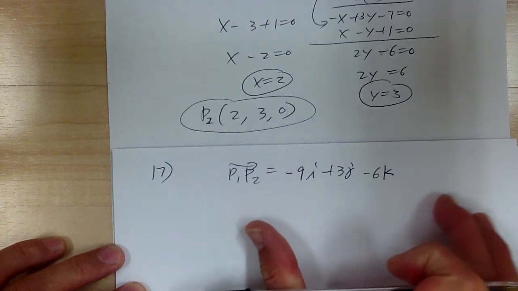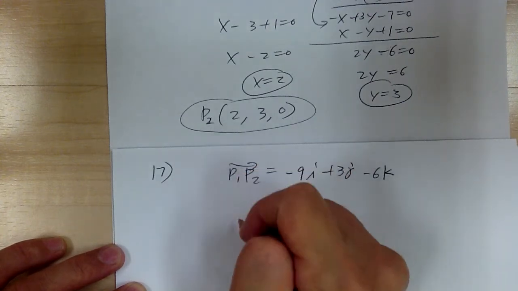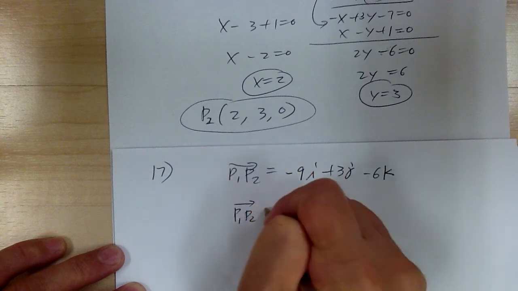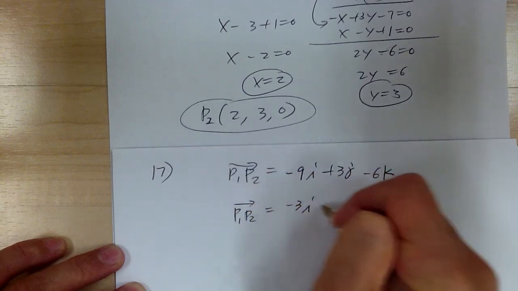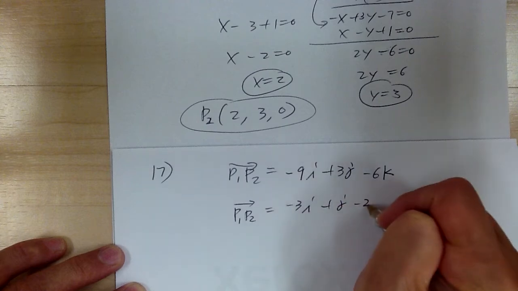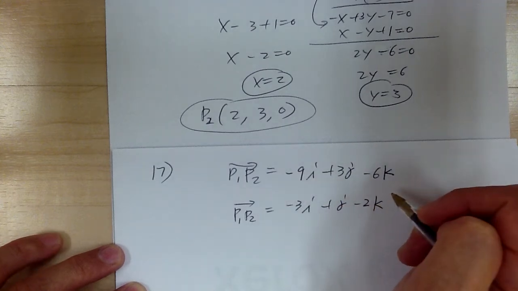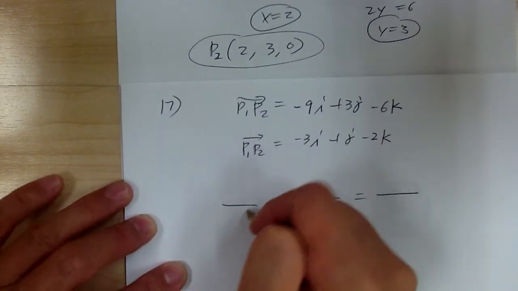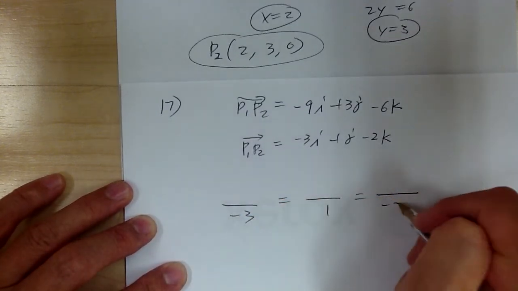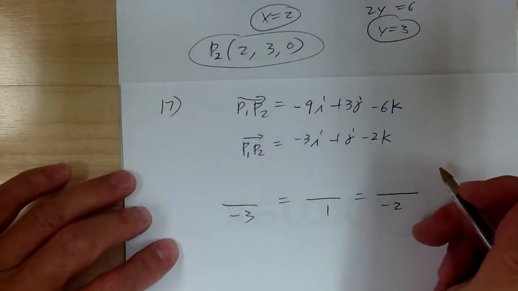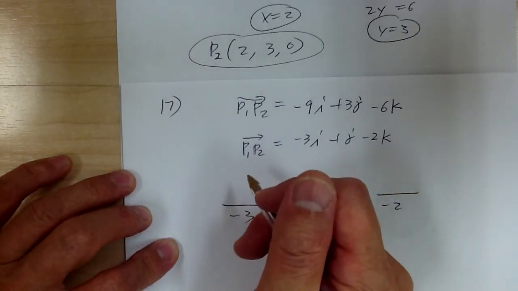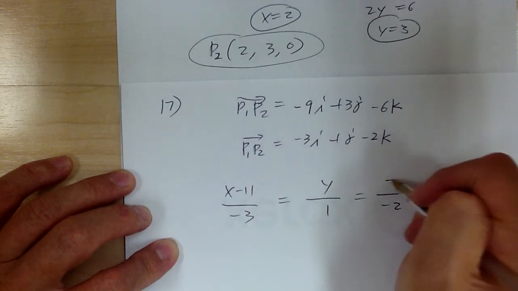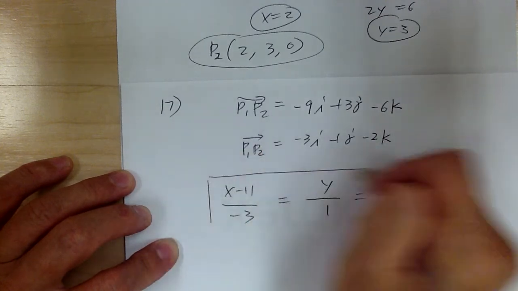Basically you can shorten your vector or your line. So I'm going to divide this by 3, so I get -3i plus j minus 2k. From here I can get my equation ready. So -3, 1, -2, and I'm going to use P1, so I get x minus 11, y, z minus 6, and that would be my equation.